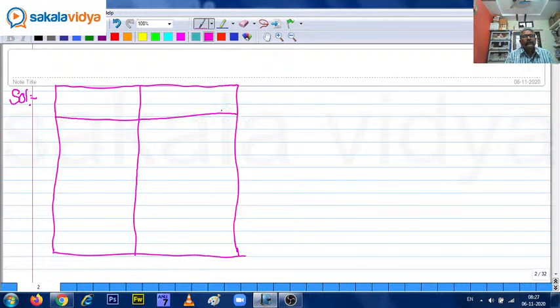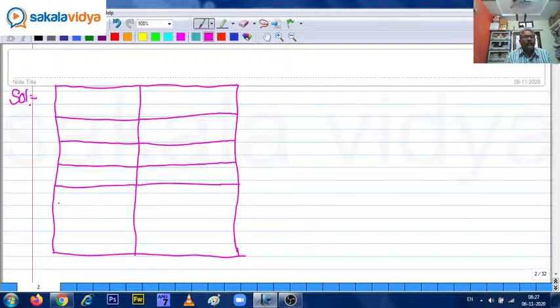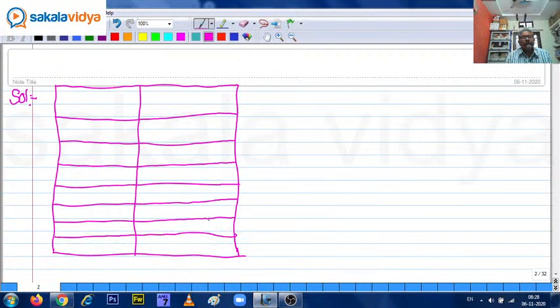Number of cars, frequency. This is the class interval, CI.